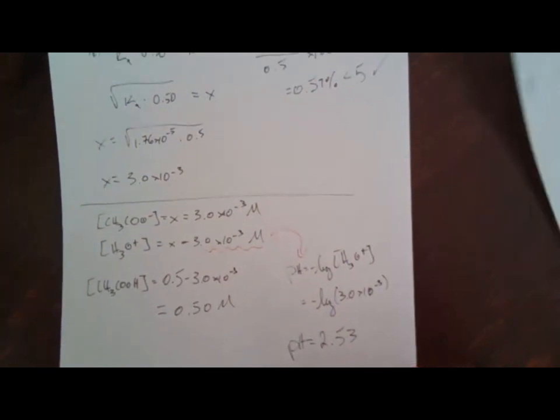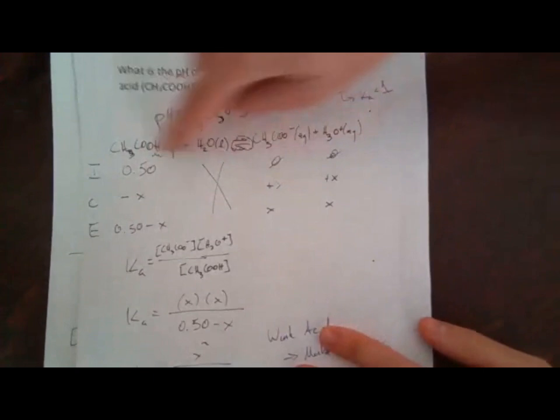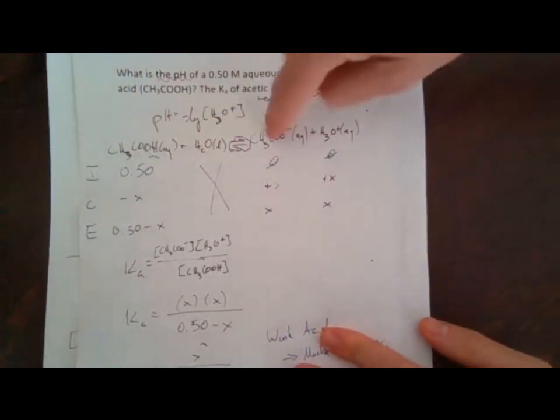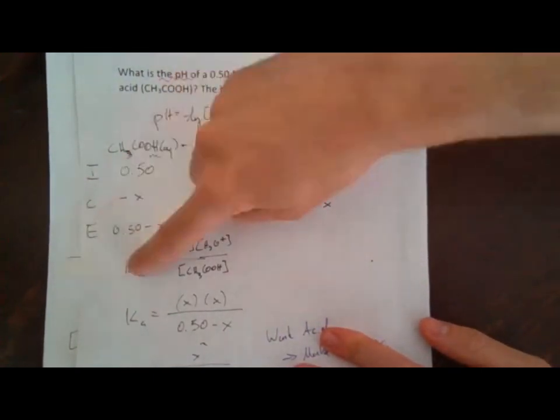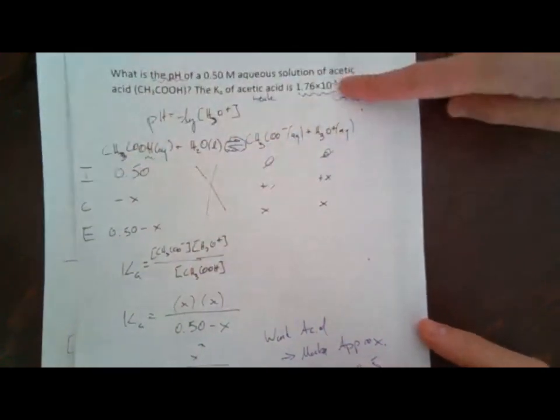And whenever you are trying to determine the pH of a weak acid solution, you will always need to use an ice table to go through this process. It's almost always going to follow basically this exact same process because the reaction is always the same. It's the acid reacting with water to make the conjugate base and hydronium. The equilibrium constant always has the same format because it's the same reaction.